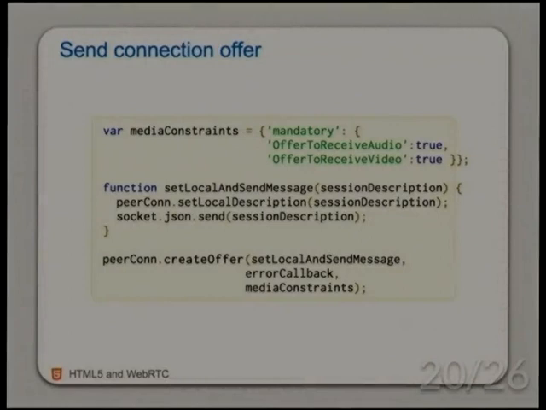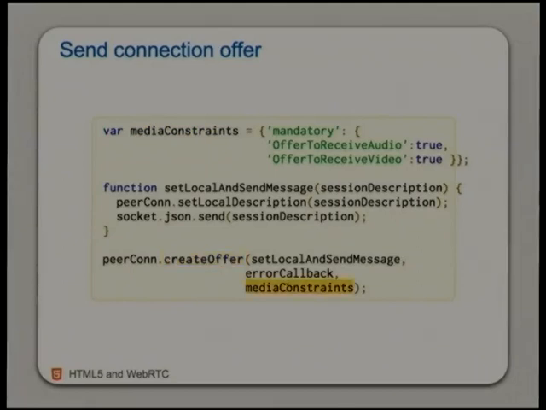Right, so we've done all the setup. The next thing is, of course, we'll send our connection offer. What we do is we want to get both the audio and video, so we've got to create this thing called media constraints, which goes into the peer connection's create offer function.